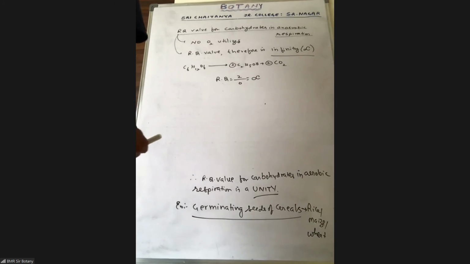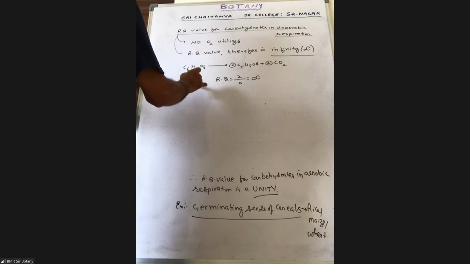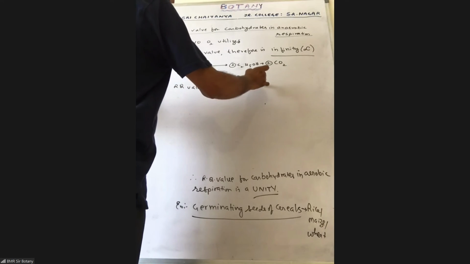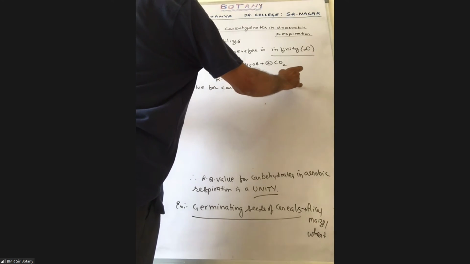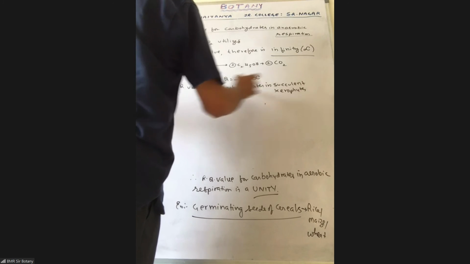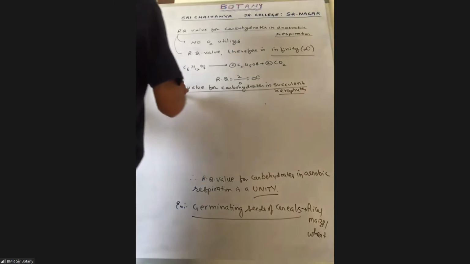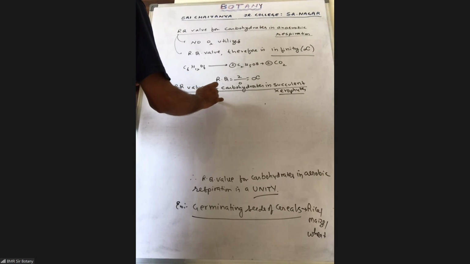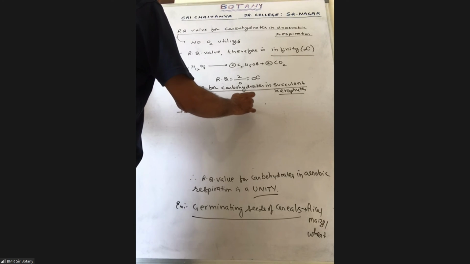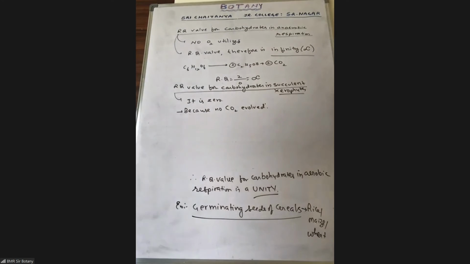So it is 0, because no CO2 evolved. 0 divided by anything will be 0 only.